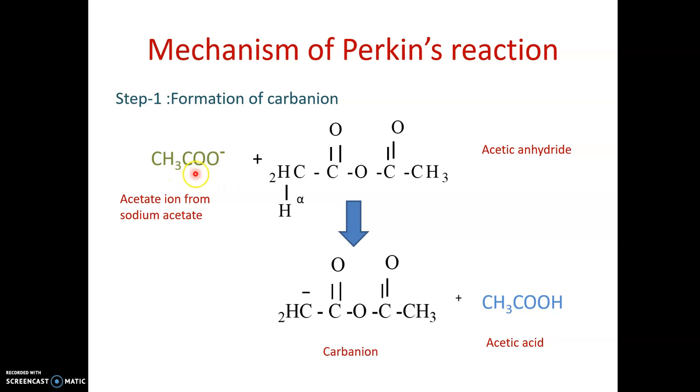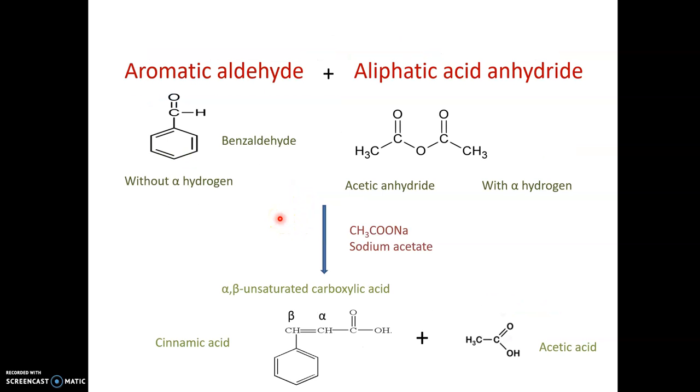The acetate ion from the sodium acetate is going to remove a proton, which is an alpha hydrogen. And one more thing: the aromatic aldehyde which we take here does not have an alpha hydrogen, whereas the anhydride will have an alpha hydrogen.